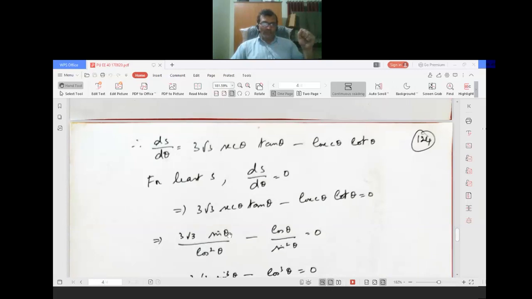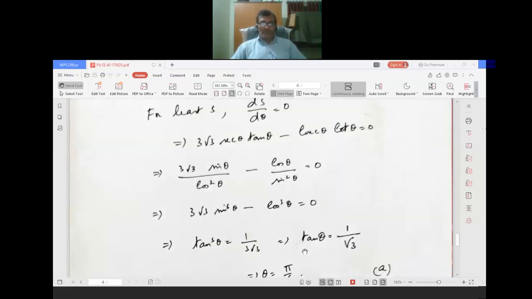Sec θ is 1/cos θ, tan θ is sin θ/cos θ, so 3√3 sin θ/cos² θ, minus cot θ is cos θ/sin θ, cosec θ is 1/sin θ, so cos θ/sin² θ equals 0. Taking the LCM, we get 3√3 sin³ θ minus cos³ θ equals 0.